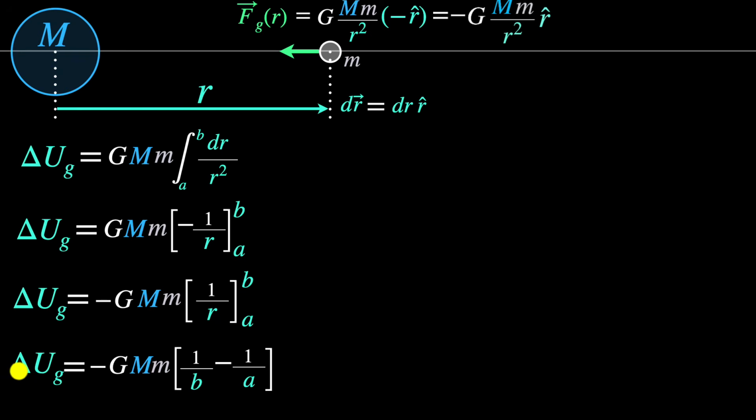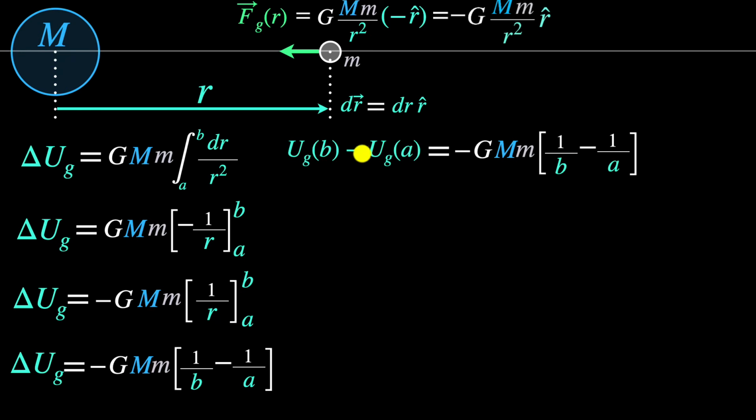The final potential energy is the potential energy at the upper bound, which is at position B, wherever that is. And the initial potential energy is the potential energy at the lower bound, which is at A. So I can write this as U of B, potential energy at B, minus potential energy at A. That equals this term.